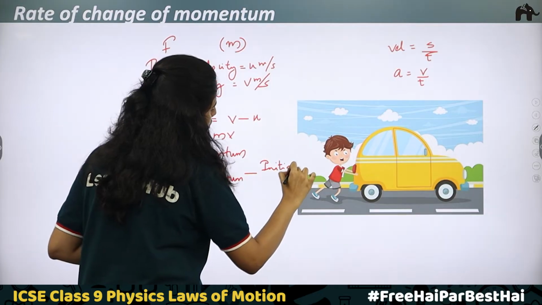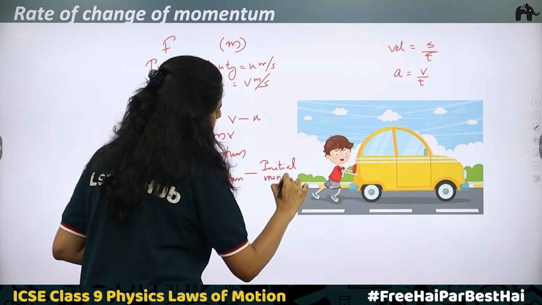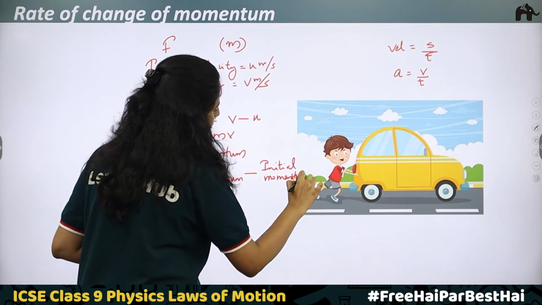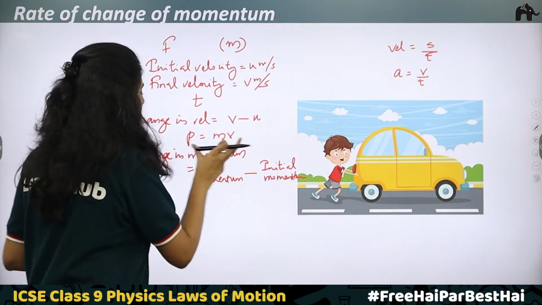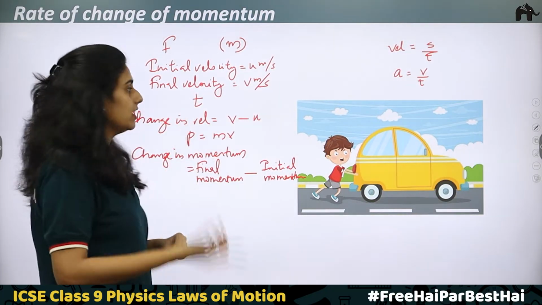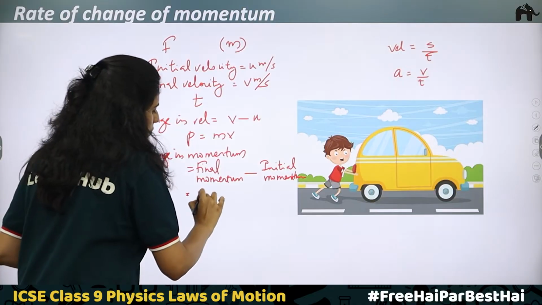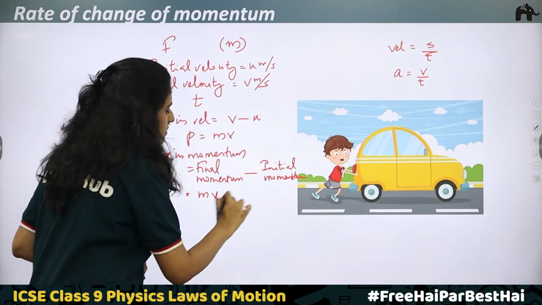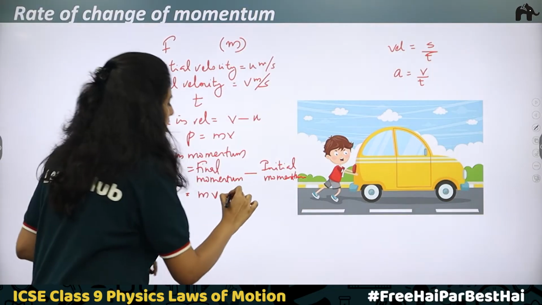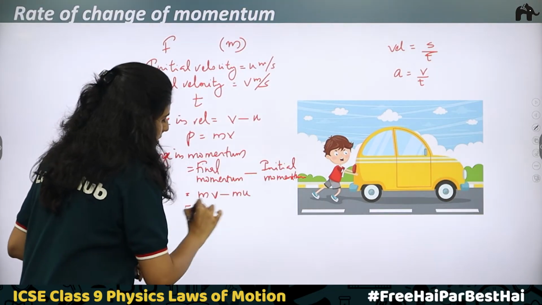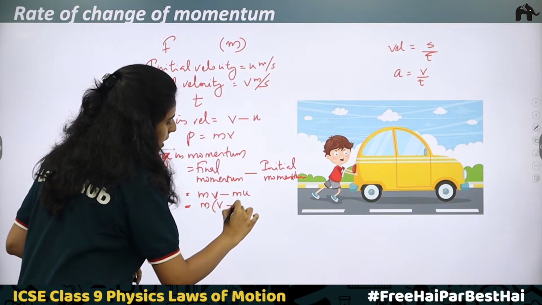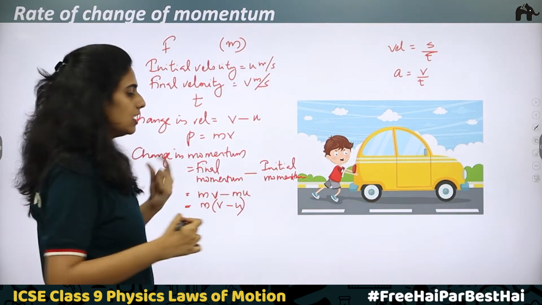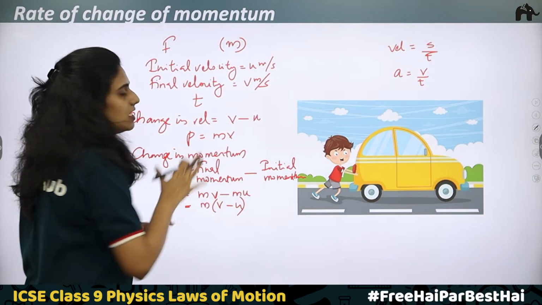So, how to get final momentum and initial momentum? Final momentum will be mass into final velocity v. Initial momentum will be mass into initial velocity u. M is common, so m into v minus u, or change in velocity into mass, will give you change in momentum.